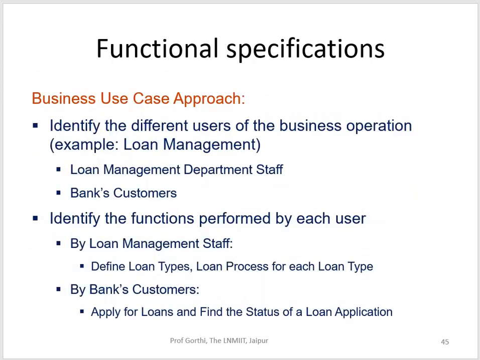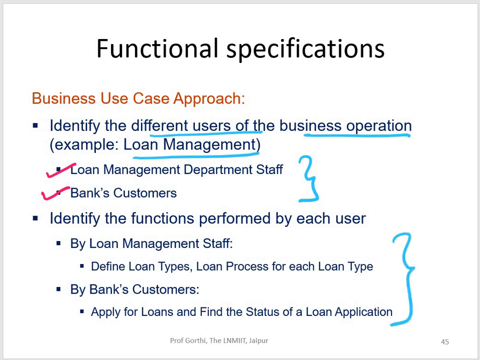Now let's talk about your functional specification. Business use case approaches identify the different users of the business operation. For example, in case of a loan management system, I'll have the loan management department staff and the customers. So two sets of users, one is the staff and the other one is the customers. Identify the functions performed by each user.